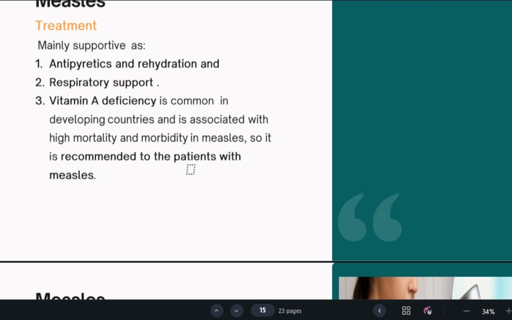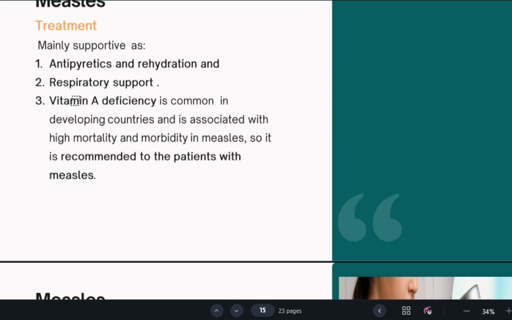Treatment of measles is mainly supportive: antipyretics and rehydration with respiratory support. Sometimes the patient needs respiratory support. Treatment of the vitamin A deficiency. Why vitamin A deficiency? Because they found that vitamin A deficiency may be a risk factor for measles.